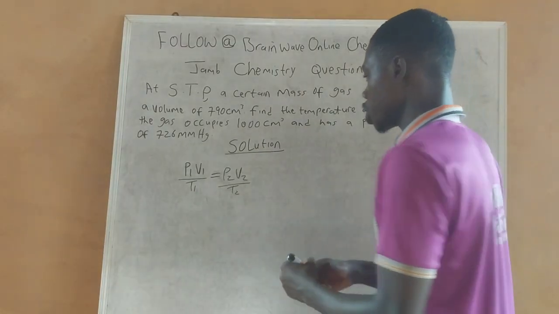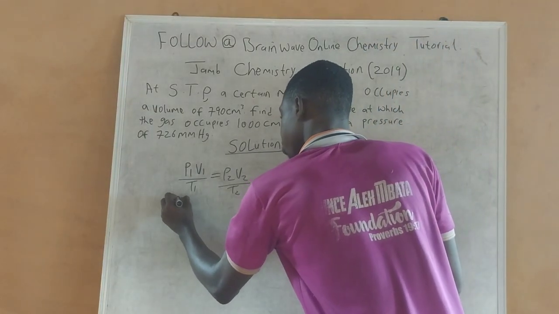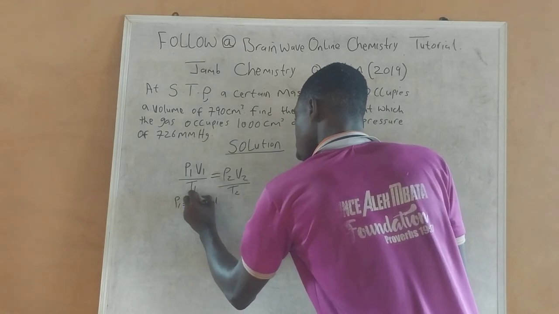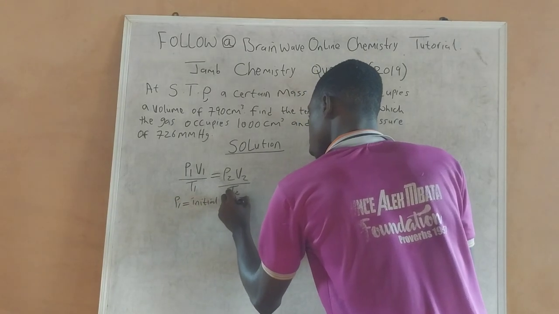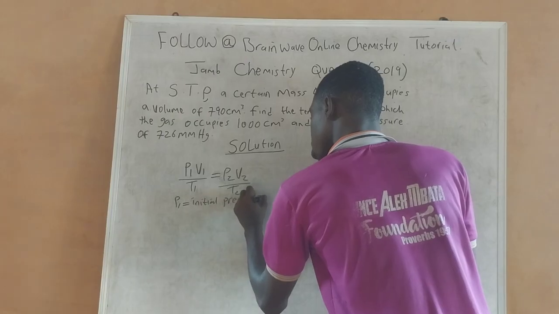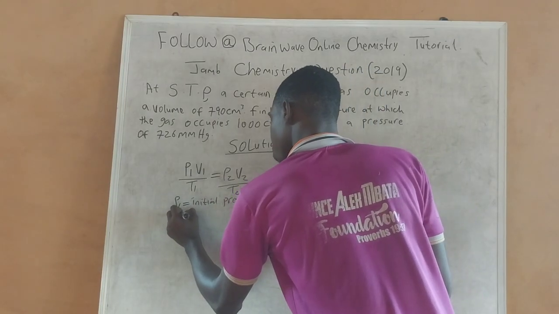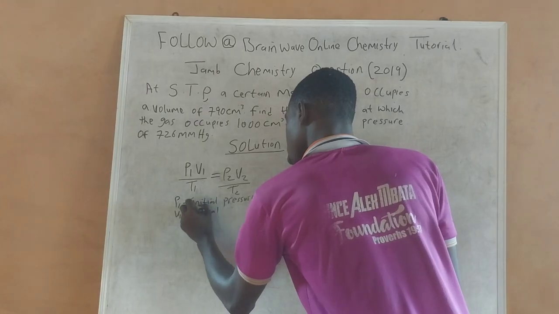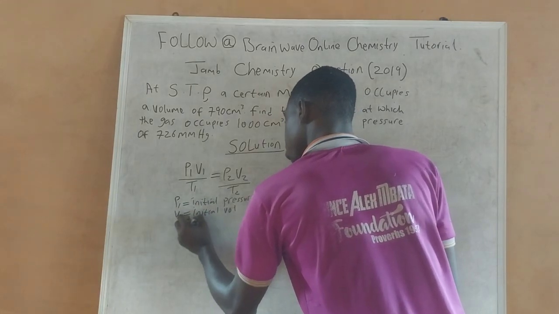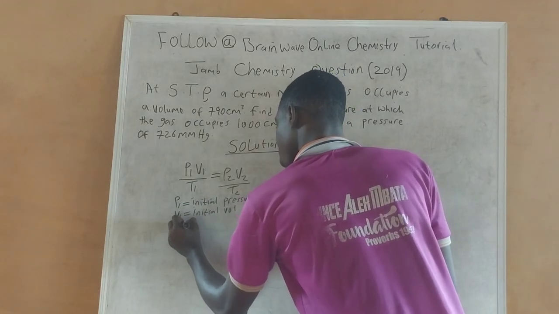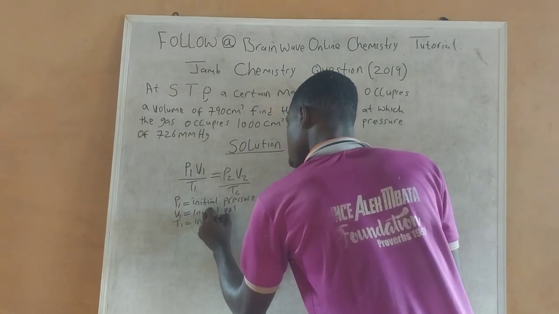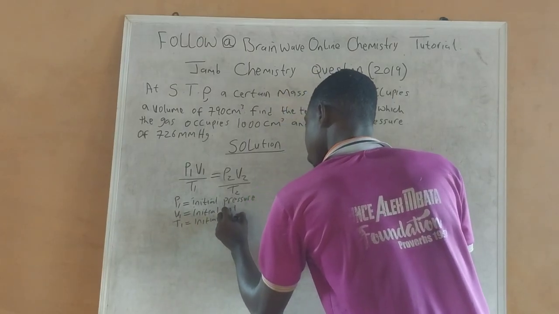Now, in this equation, P1 is equal to what? Initial pressure. V1 equals to what? Initial volume. T1 is equal to initial temperature.